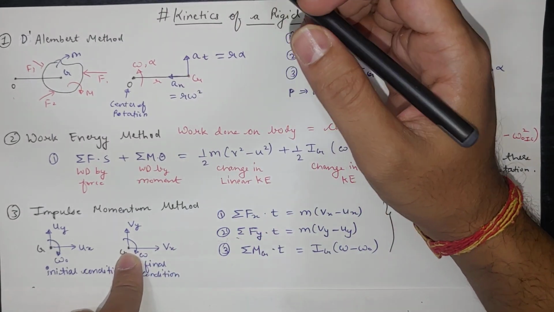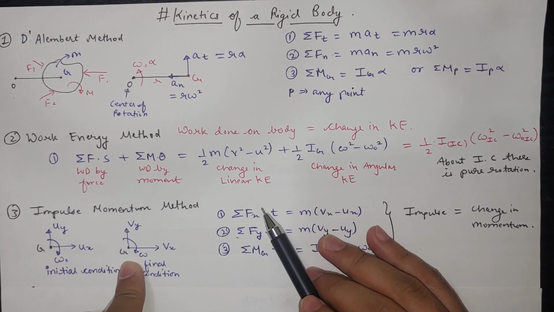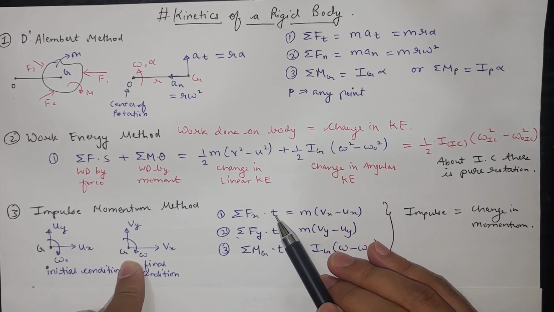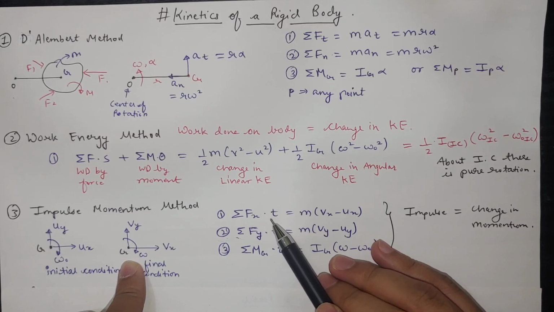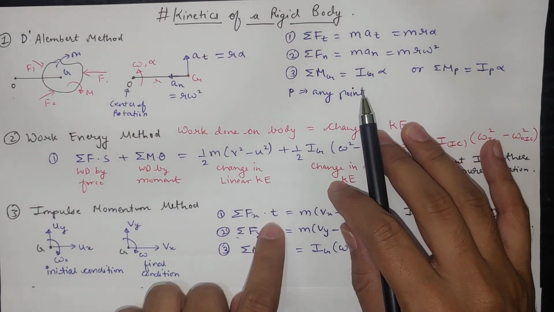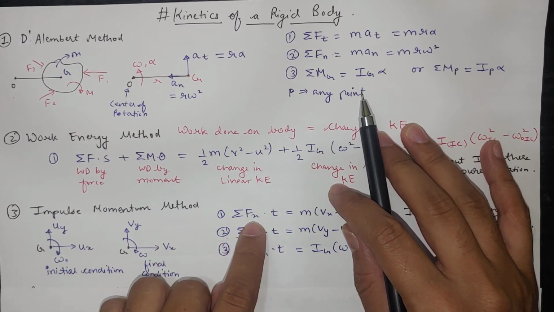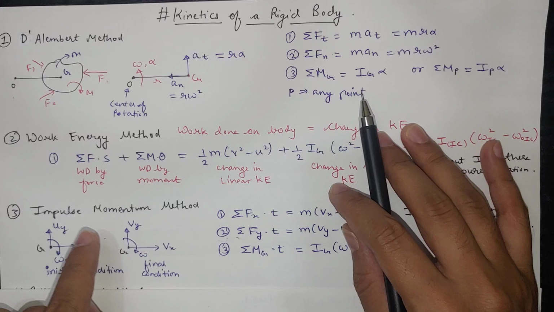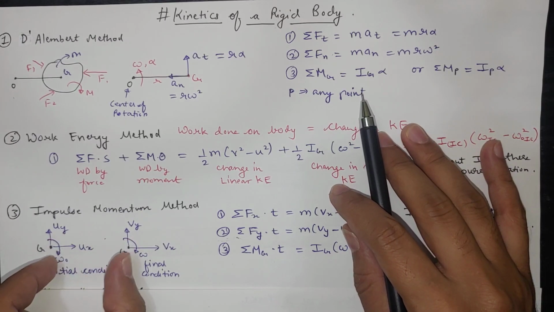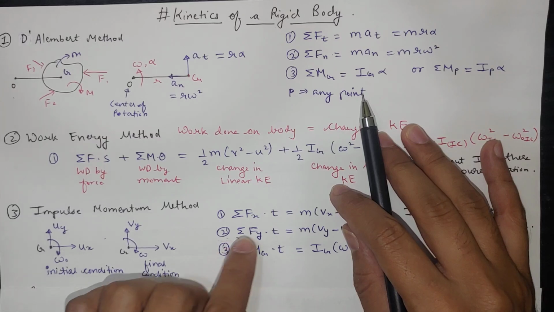Whatever forces are acting in the x direction, we have to sum them and multiply by the time, the time for which the forces are acting on the particular body. From here to here, how much time is consumed means the impact time for the forces.